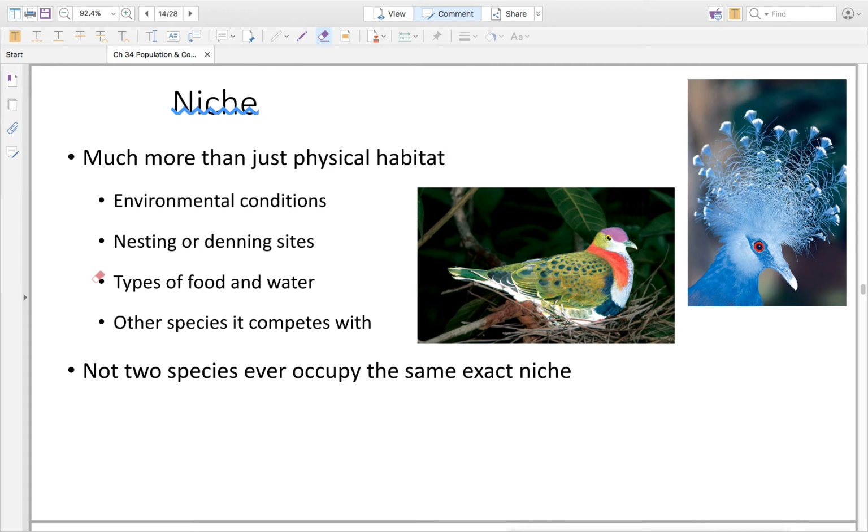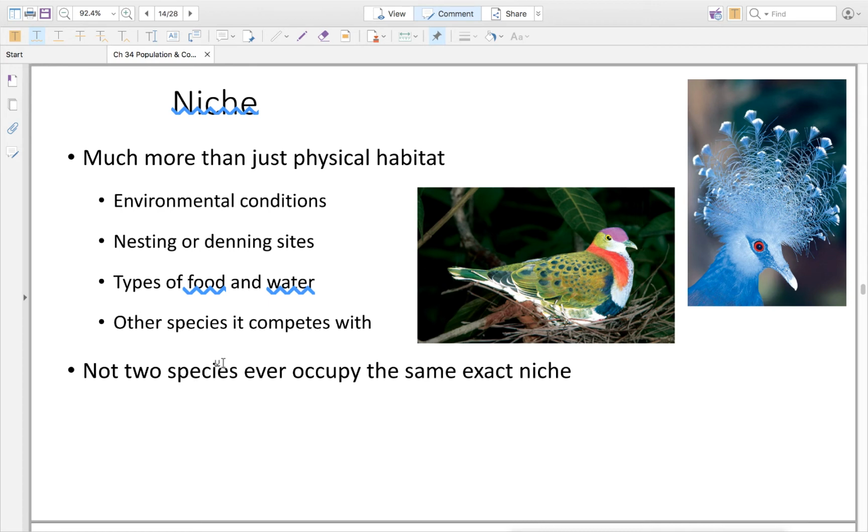Animals occupy a niche, but it's more than just the physical space they occupy. A niche is the environment that is preferable to them, nesting and denning sites, the types of food they eat, how they eat, and the water that they need, and other species that it has to compete with. So all of these together make up a niche.